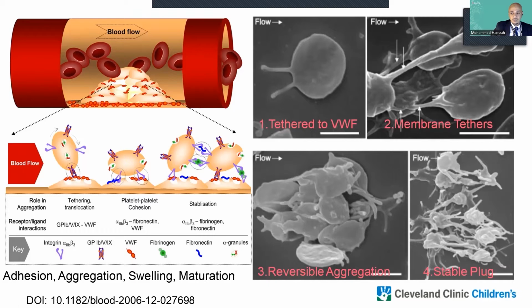You can note in this image, there is a cluster of platelets that are surrounding a single, central activated platelet through the development of the membrane tethers. And in the fourth stage, there is a development of the stable plug. There is that change in the platelet morphology, the membrane tethers, the fibrin strands start to develop and stabilize that platelet plug. So this is the first step of clot formation, the platelet plug formation.